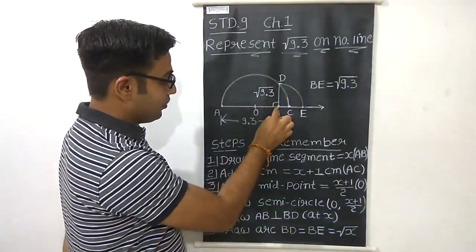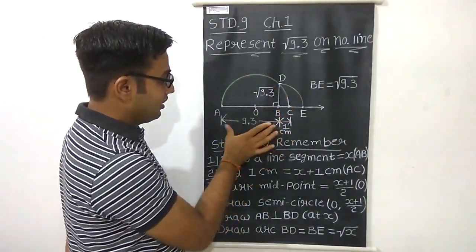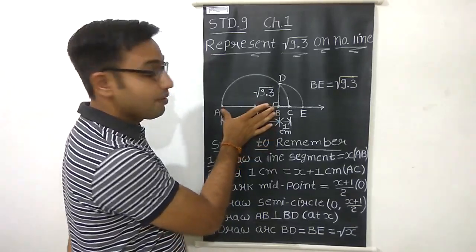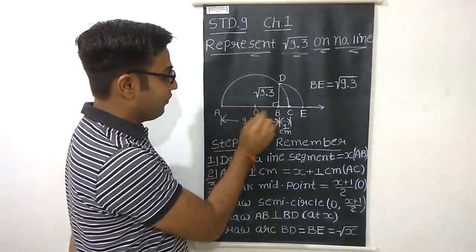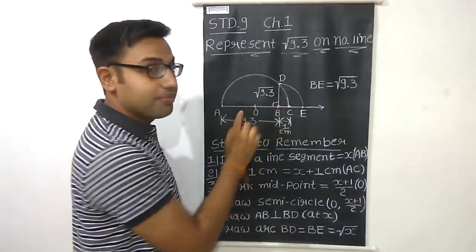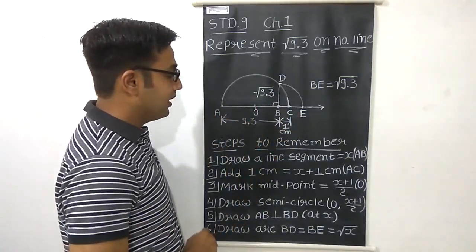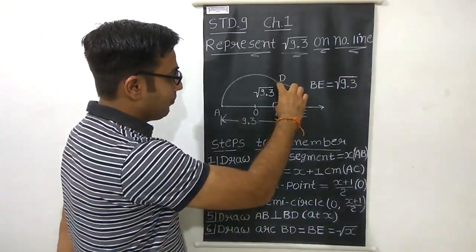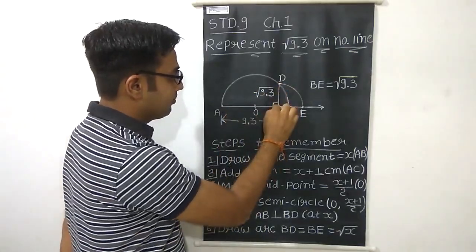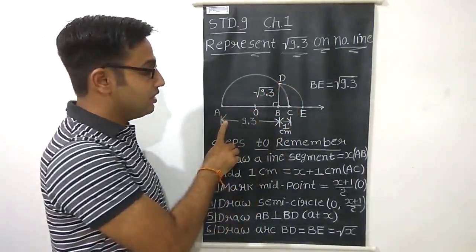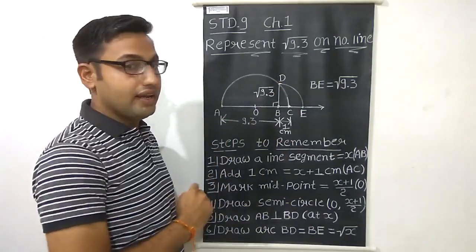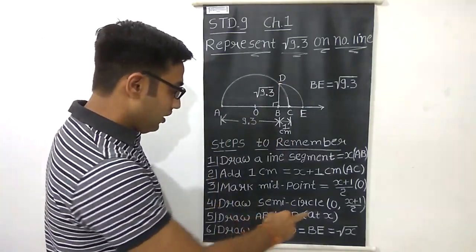Remember that we have taken the previous distance 9.3, not the total distance 9.3 plus 1. Remember this point. This is perpendicular to AB because it is at 90 degrees. You can do this by using the set square.